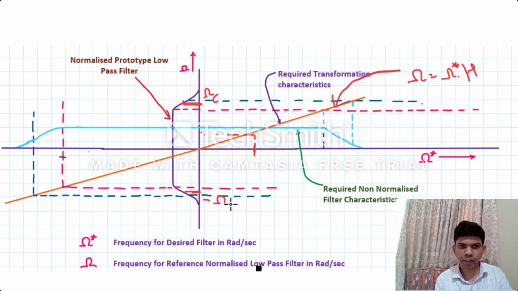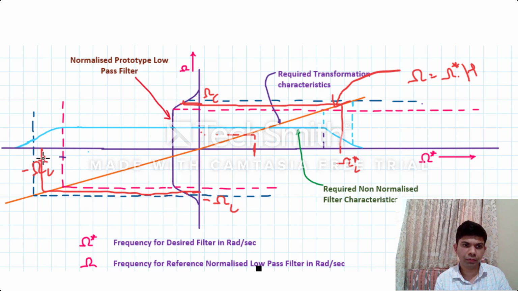If I try to map this frequency, it is omega c star for the desired filter, and similarly it is minus omega c star for the desired filter in the negative frequency axis.